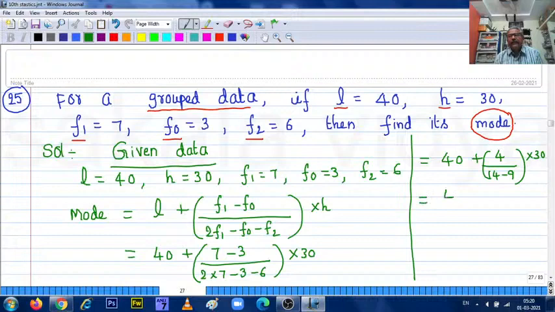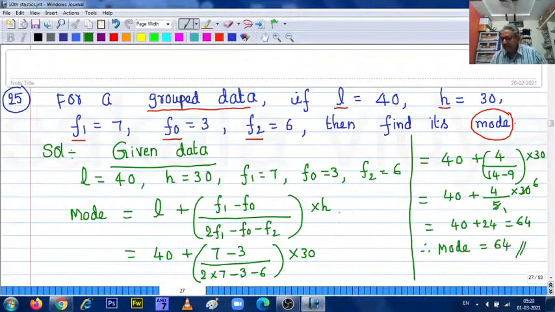So 40 plus 4 divided by 14 minus 9 is 5, times 30. 5 sixes are 30, so 4 sixes are 24. 40 plus 24 is equal to 64. Therefore, the mode of the group data equals 64.